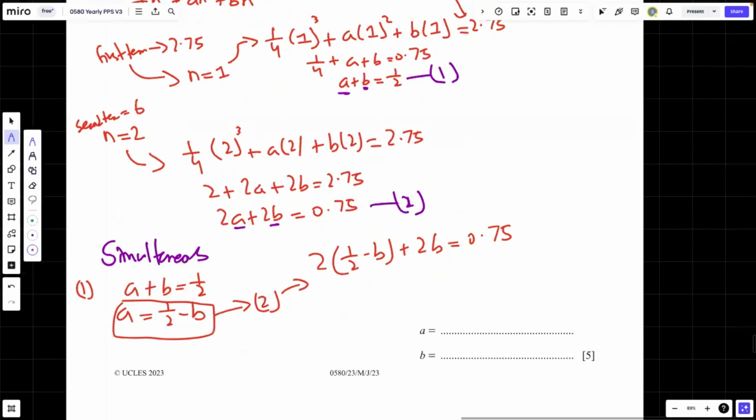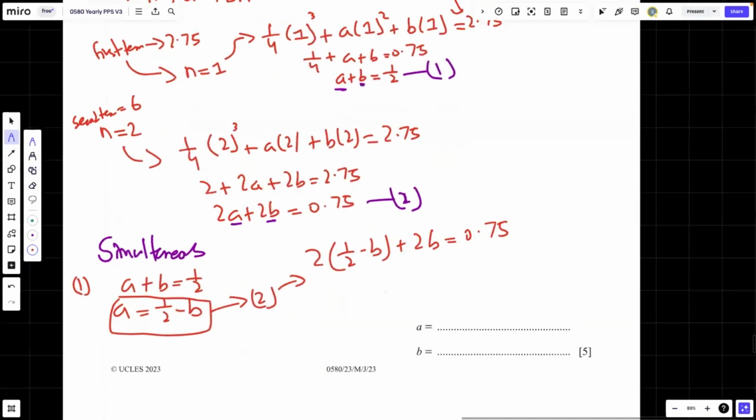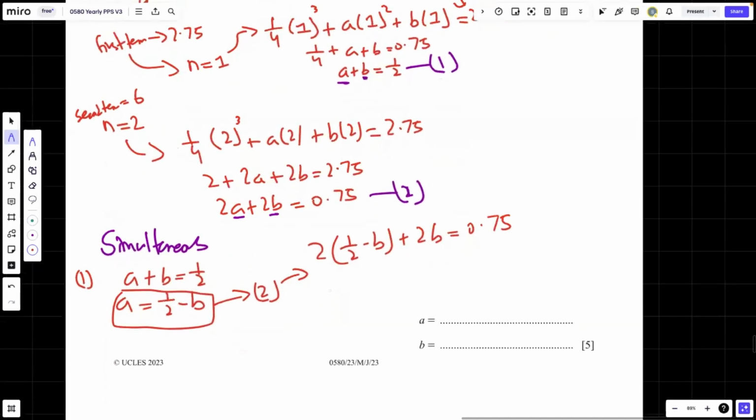We could have used the elimination method here as well. The substitution and elimination, both methods are acceptable. This is going to cancel out, so this is going to be 1. This is going to be 2b plus 2b equals 0.05.